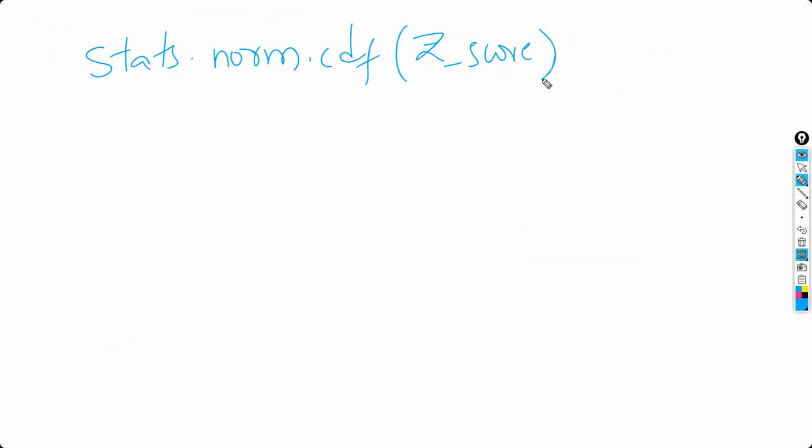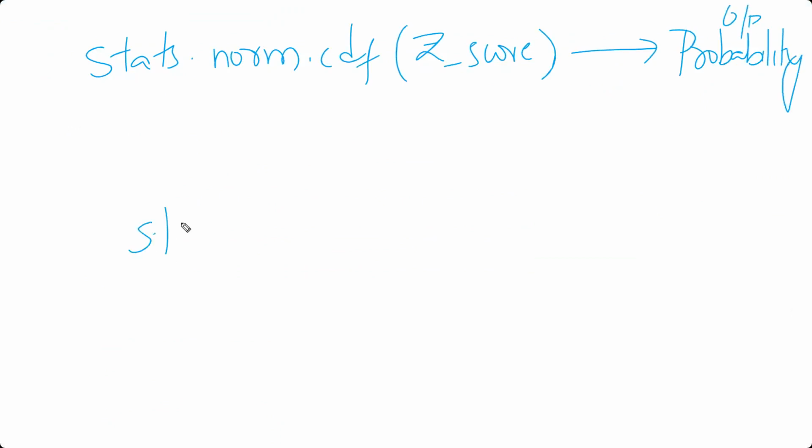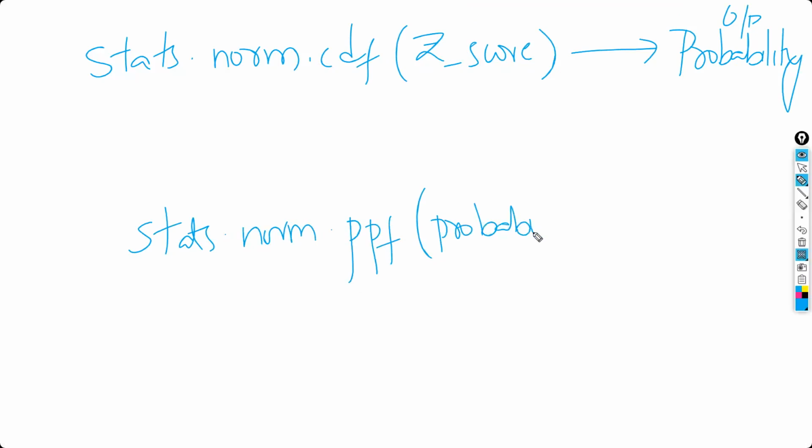Stats dot norm dot CDF, and inside the CDF you have to provide the z-score. Then output will be probability. From stats dot norm dot PPF, you have to give the probability as the input. Output will be z-score.